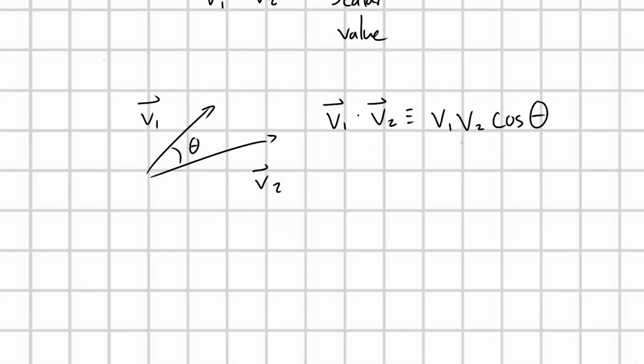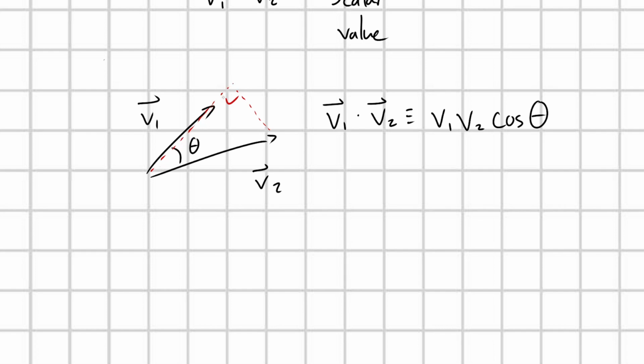Of course, we can almost immediately appreciate what this definition does physically. Let's look at v2 cos theta here. We can imagine breaking v2 up into a component that's parallel with v1 and a component that's perpendicular to v1. So v2 cos theta is going to be this component here.